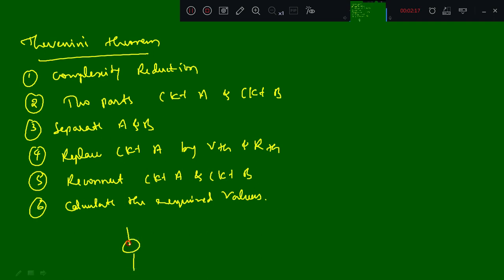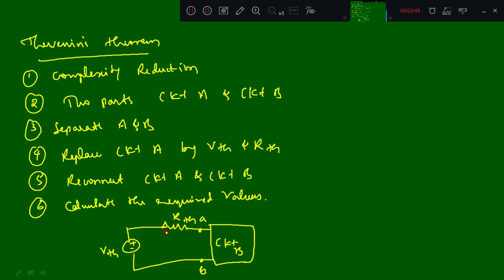It is voltage source VTH, here it is RTH, and here comes circuit B. This is circuit B. Here I will mention there are two points A and B. So VTH is across A and B, and RTH is the equivalent resistance included in the circuit apart from circuit B.